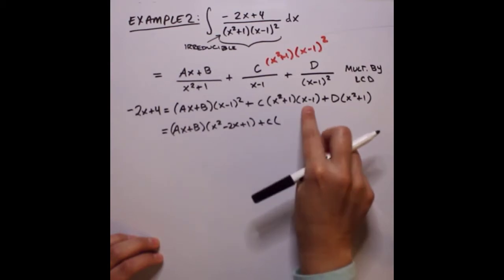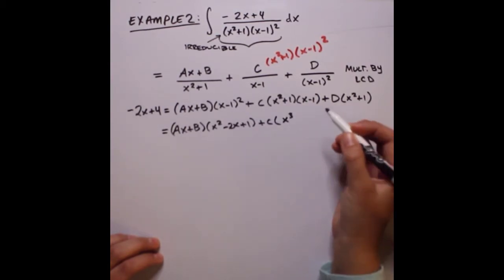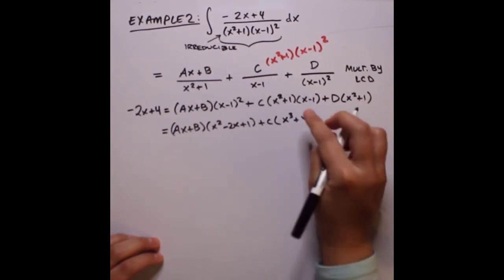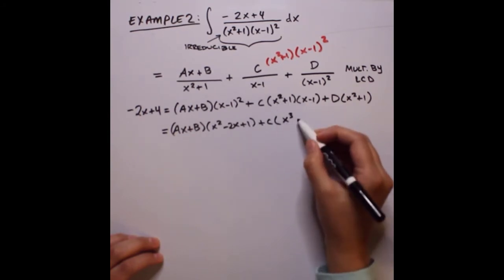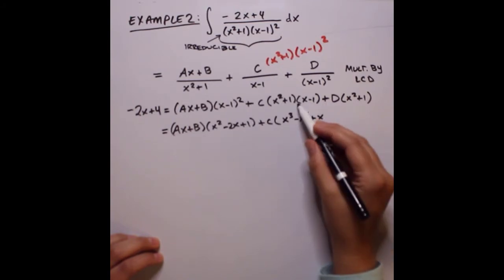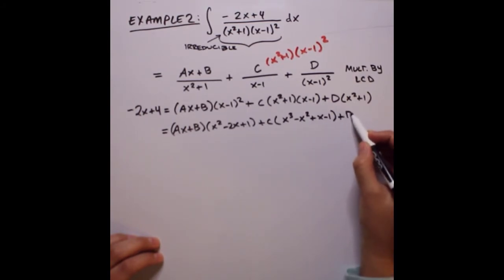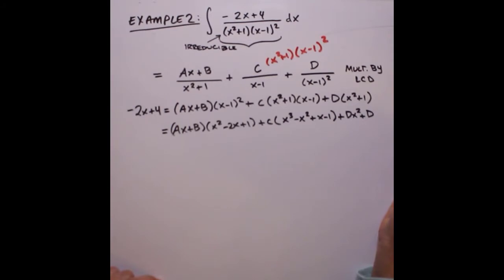I'm going to FOIL these two. So this is going to be x cubed minus x squared plus x, and then minus 1. And then in the back, let's just distribute. So d times x squared plus d.